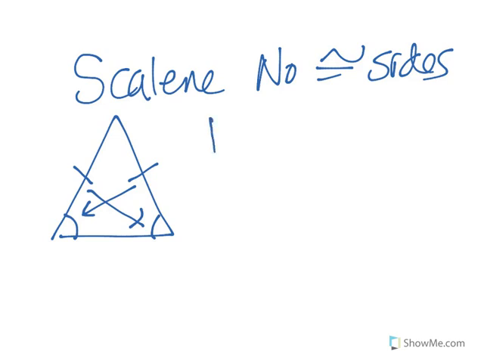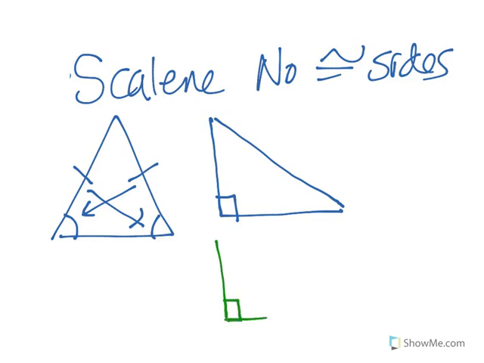You could have a right triangle that's isosceles, but you cannot have a right triangle that's equilateral, because equilateral and equiangular are going to be the same, and if a right triangle has a 90-degree angle, there's no way that you're going to have three angles that are the same on a right triangle. But you could have one that is isosceles and right at the same time.